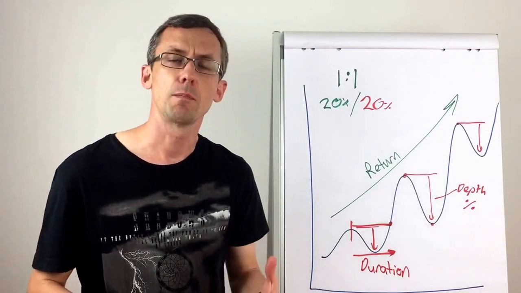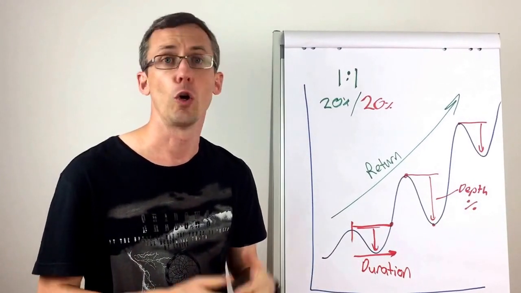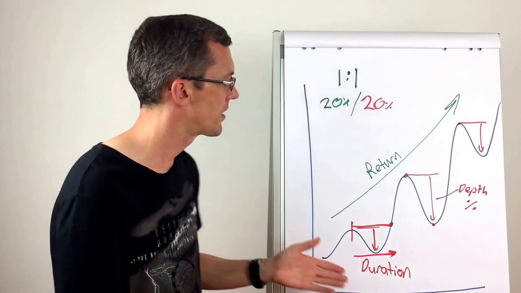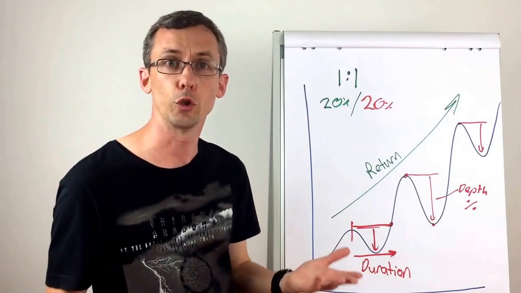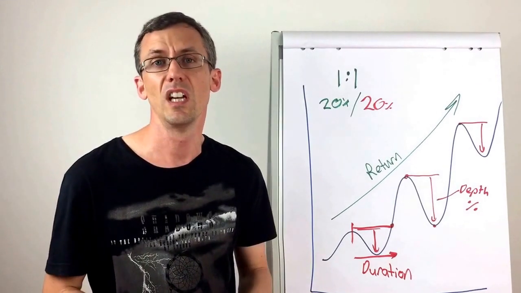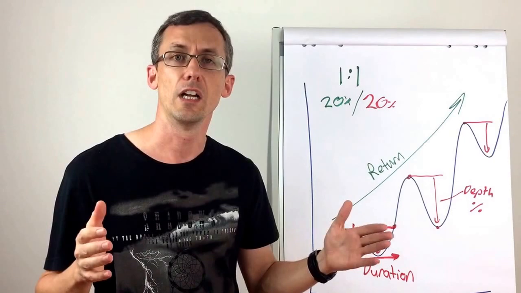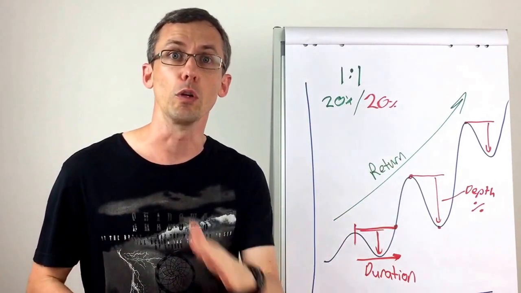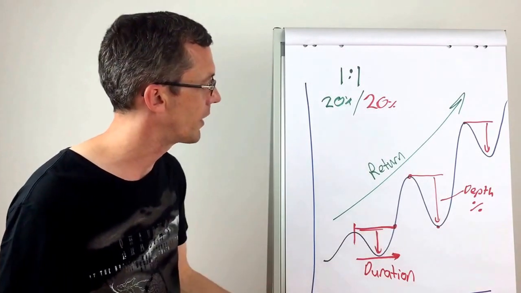Now, some trading systems, so for example, if you were trading long only in the stock market, sometimes you can have quite long equity drawdown durations, because sometimes the market is just in a bear market. And if you're long only, then you're going to have to wait out that bear market for the next good long side trade to come through and bring you up to this new equity high.